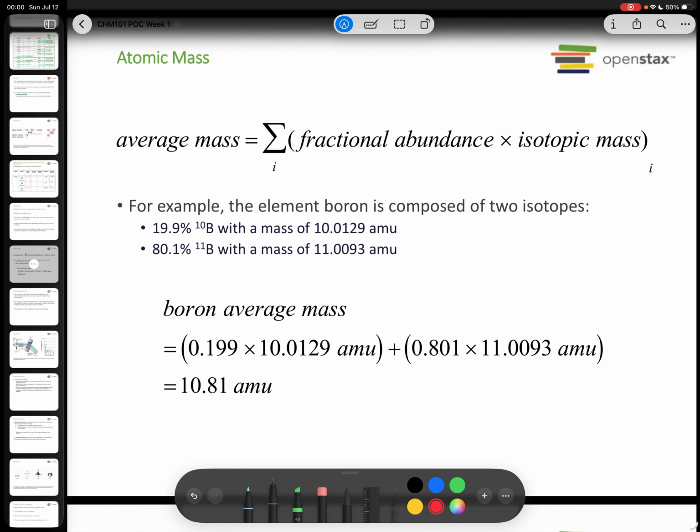Then calculate 0.199 times yung atomic mass unit plus yung 0.801 times yung atomic mass unit corresponding to that percentage, 11.0093. Yung sum niyan is 10.81 AMU. This is why kung i-check nyo yung periodic table nyo, it shows that boron has an average atomic mass around 10.81, no? Not exactly 10 or 11, no? So ganyan siya computed.